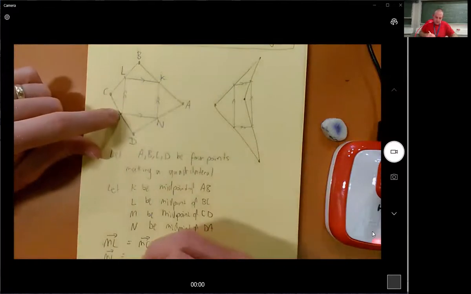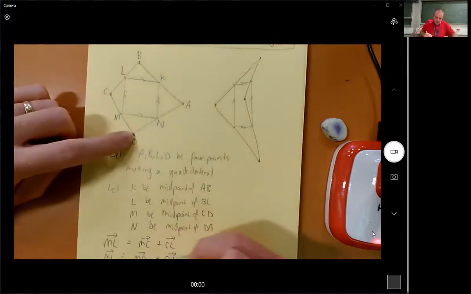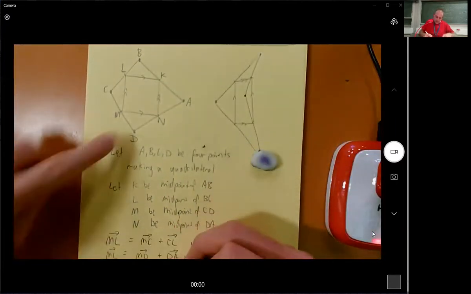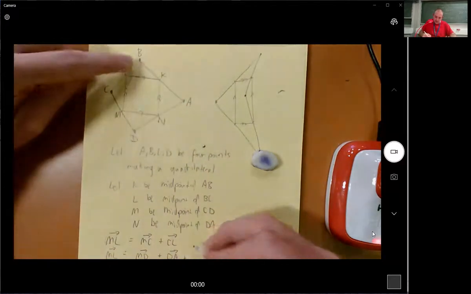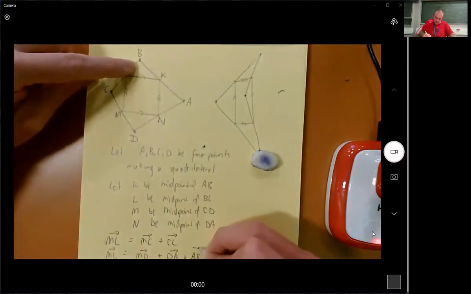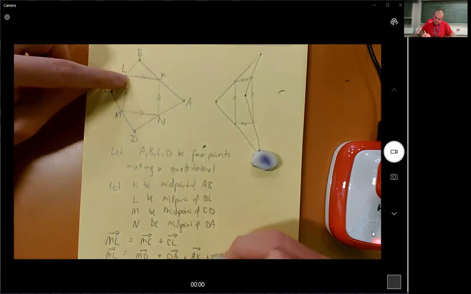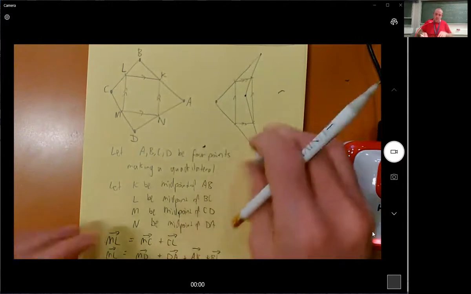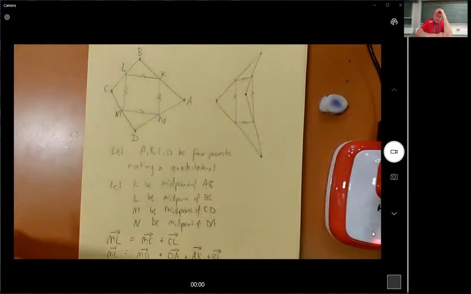I could go from M to D and then from D to N. So D to A along here, and then from A to B, and then from B to L. I don't really know how that helps yet.